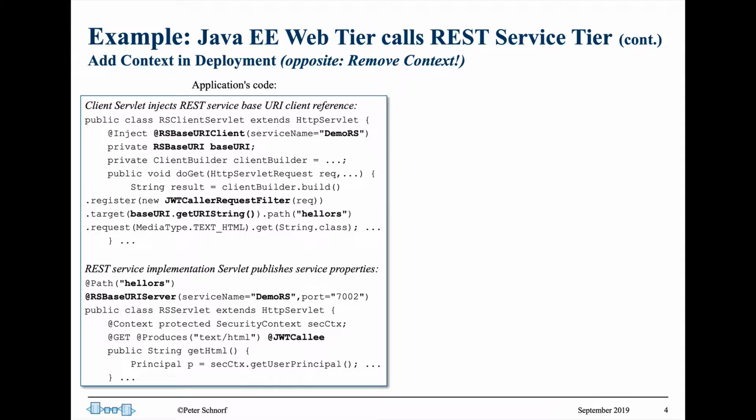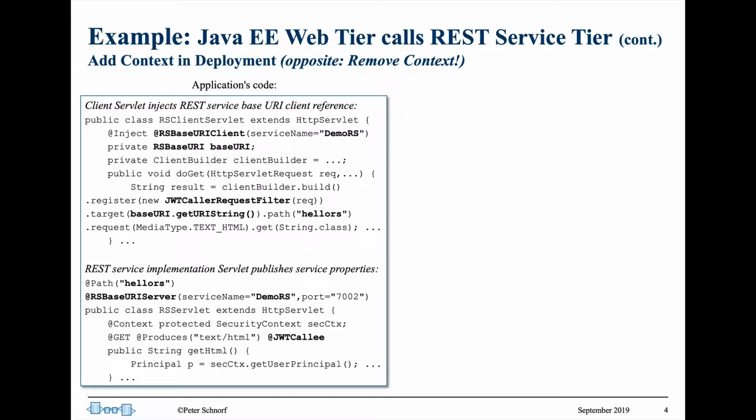On the other hand, the implementation of the REST service, in this case also a servlet, publishes the service properties that the client will need to inject the base URI. So it has to add an annotation to the servlet class that says I'm a base URI server that publishes the name of the service and, by the way, the port as well.